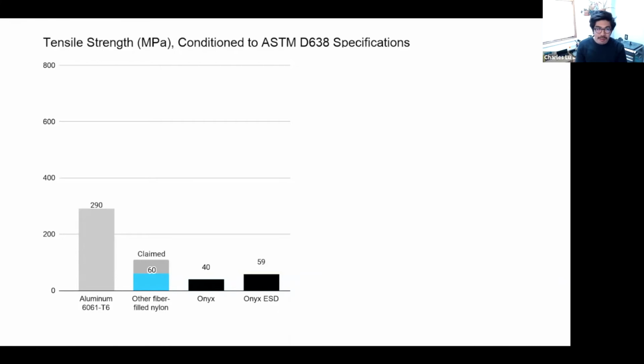ASTM D638 essentially specifies a certain size of sample, but also humidity conditions. And what I'm talking about here is specifically carbon-filled nylons. Nylon has the characteristic in which it is hygroscopic, meaning that it absorbs moisture from the atmosphere. Now, this can be good and can be bad. It's good because the moisture actually toughens the material.